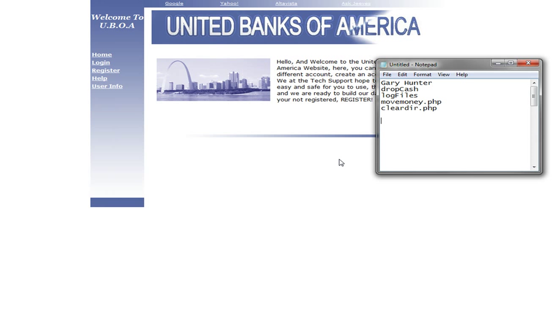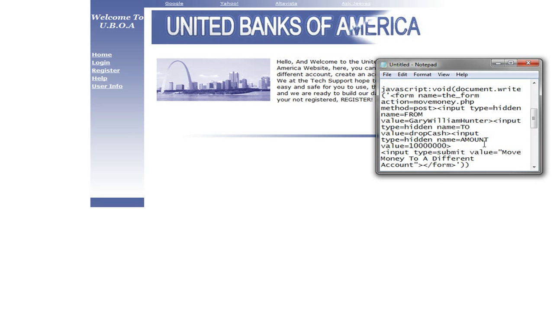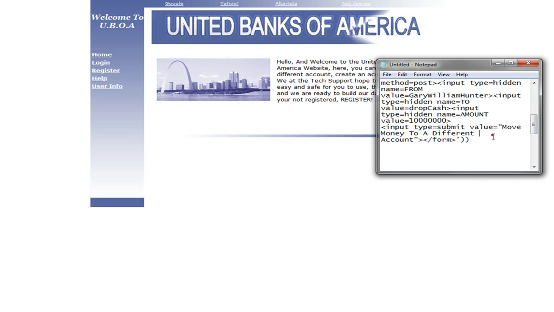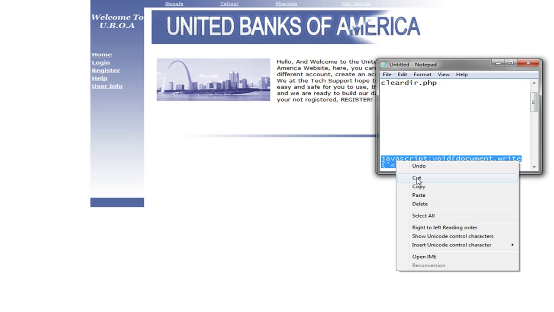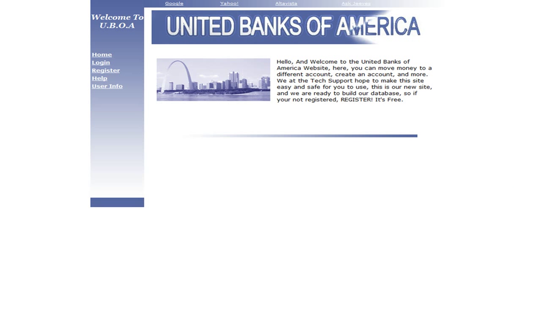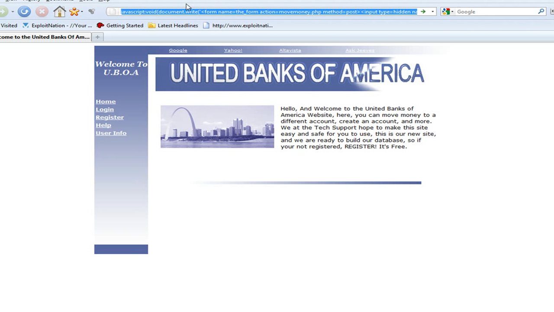What we need to do is send 10 mil to drop cash. Now this is already pre-written out. This is a JavaScript injection. I'm actually really tired, so I'm just going to briefly explain this because I don't have time. JavaScript void, and we're writing to the document the form name, the form action.